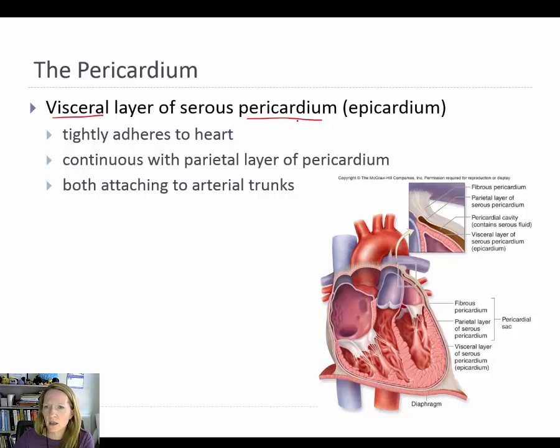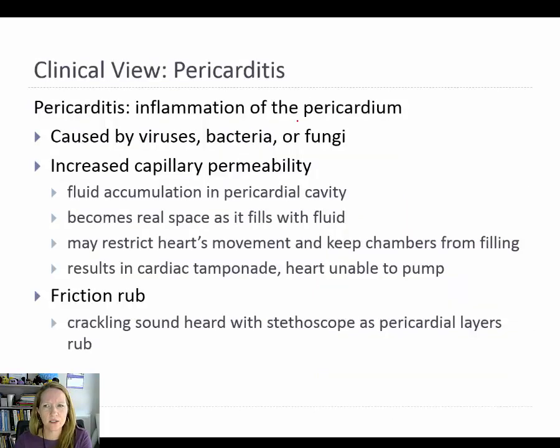It's a very nice little protective mechanism that we have, especially once we add the serous fluid into it. So let's take a look at the importance of that serous fluid and make sure that this does not occur. Pericarditis, and if you know your root words, you know what itis is. That is inflammation. So anytime you see that, it's inflammation of the pericardium.